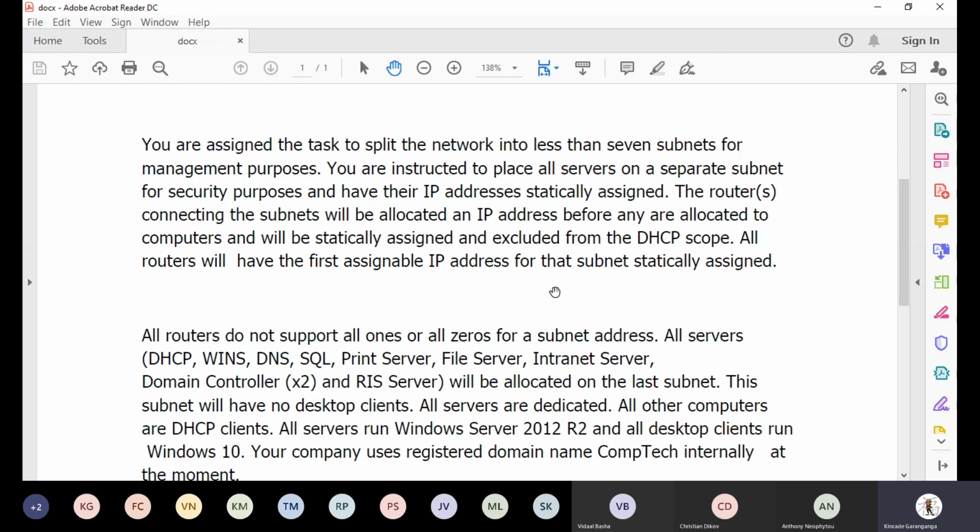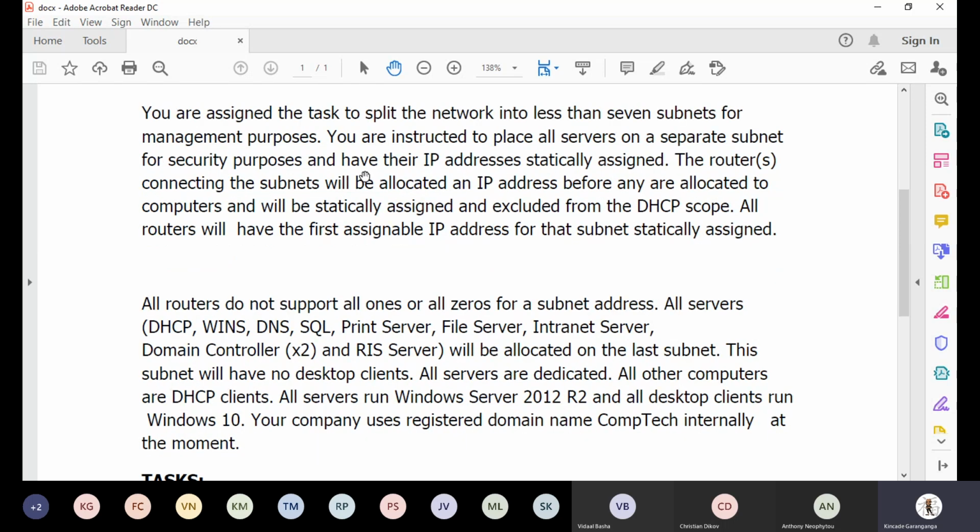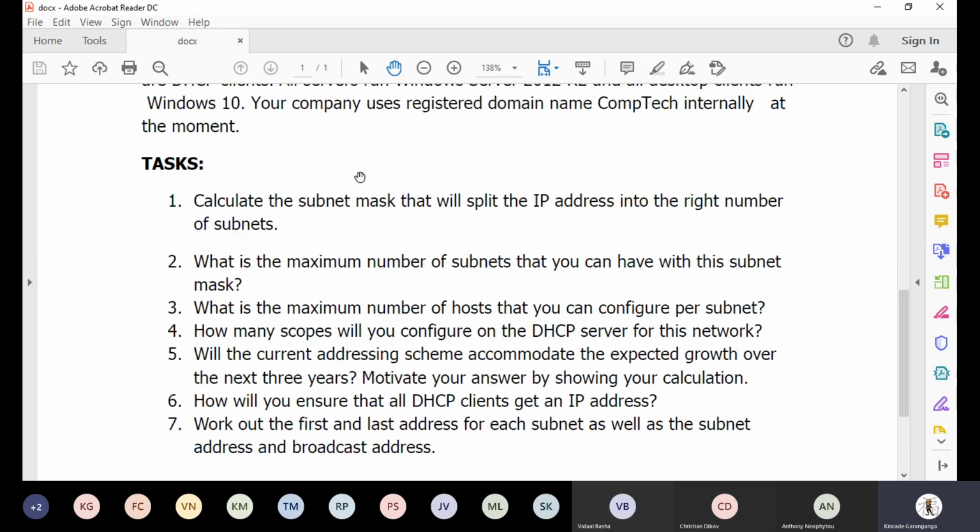And then you obviously have to have that first address for each of the subnets statically assigned. So instead of using switches here, we're going to be using routers for each one of the subnets to identify them as a separate network within the entirety of the configuration that we've got there.